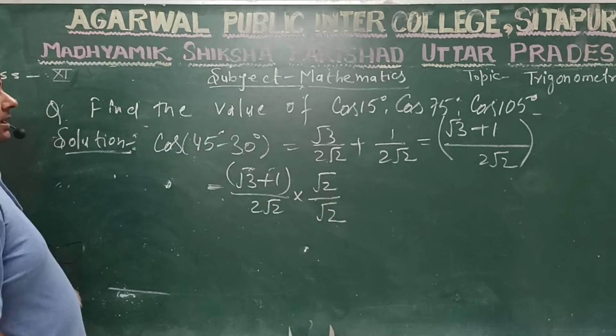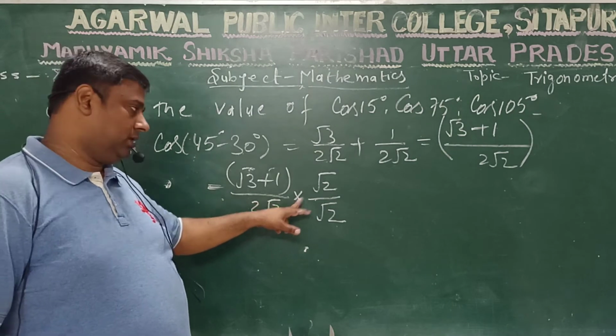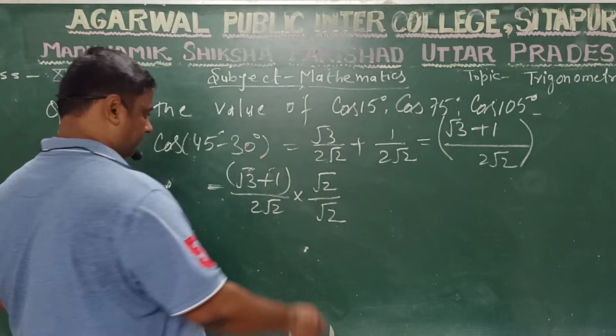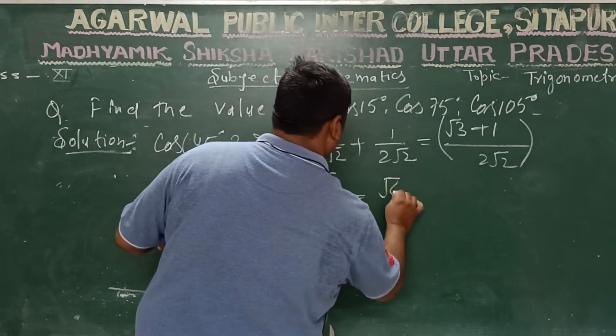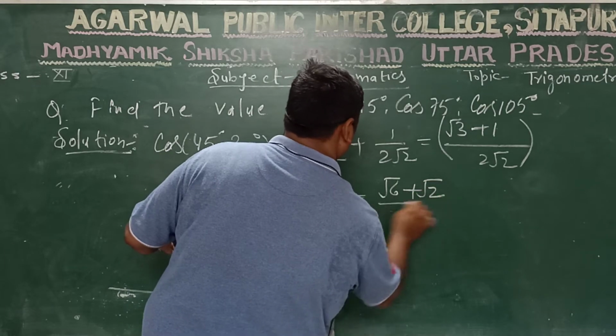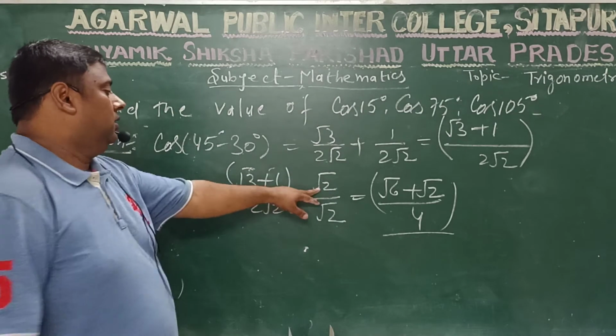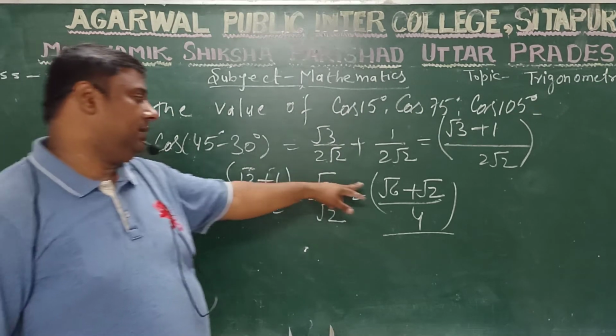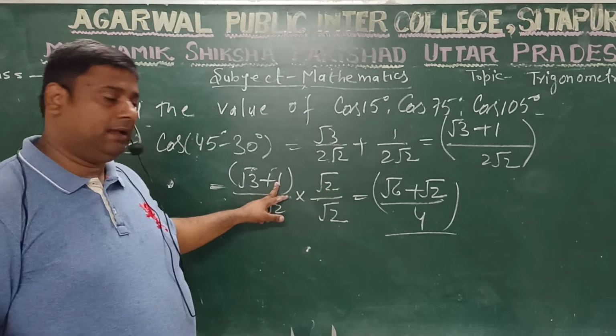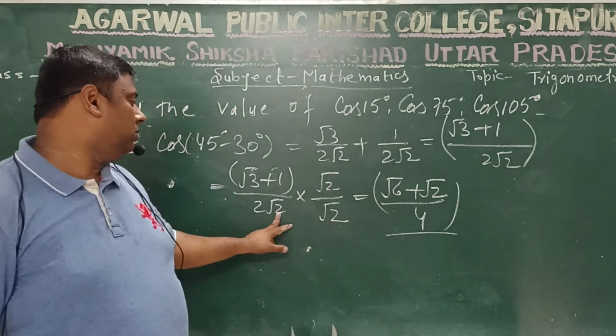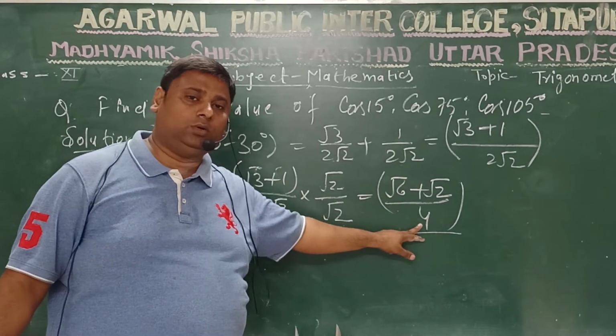Now we multiply to rationalize, root 2 by root 2. Root 2 multiplied by root 3 is root 6. Root 2 multiplied by 1 is root 2. Root 2 into root 2 is 2, and 2 into 2 is 4.